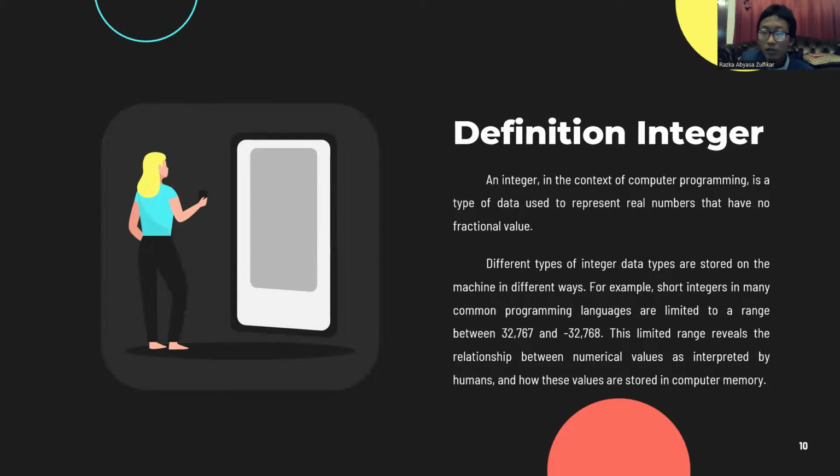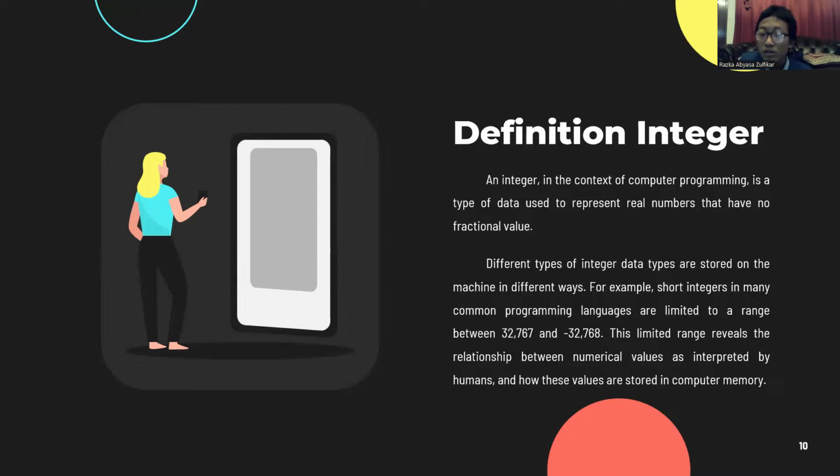Next, we are going to talk about the definition of integer. An integer, in the context of computer programming, is a type of data used to represent real numbers that have no fractional value. Different types of integer data types are stored on the machine in different ways.